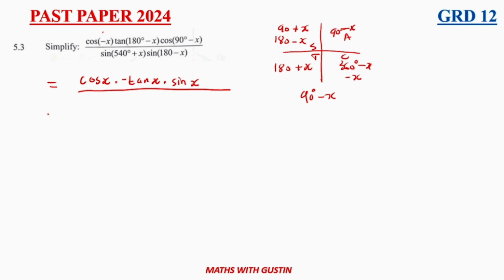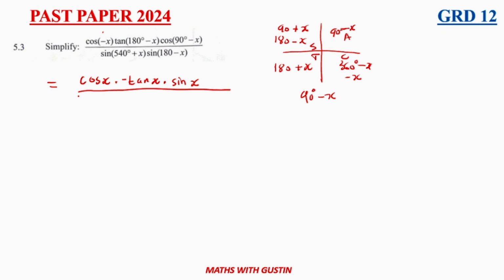Therefore we've got 180 plus. All right, guys, normally on this one I would advise my learners to always say if you've got a number that is above 360, you must minus 360 from that number to make life easy for yourself. Or for those who can read it directly, you can try to do that. It's not a problem, but I always advise that you minus 360 from it first.